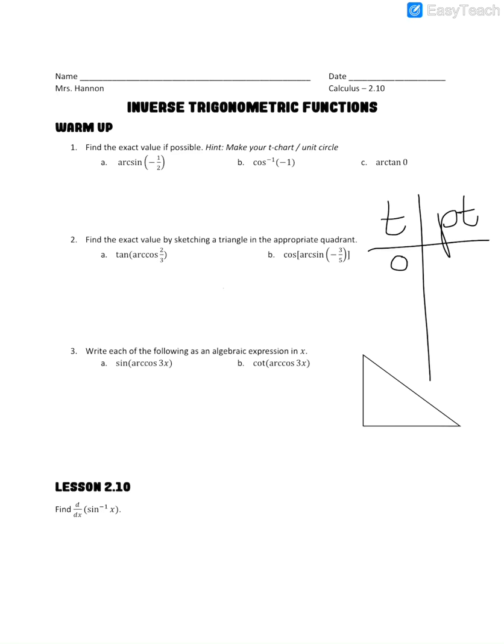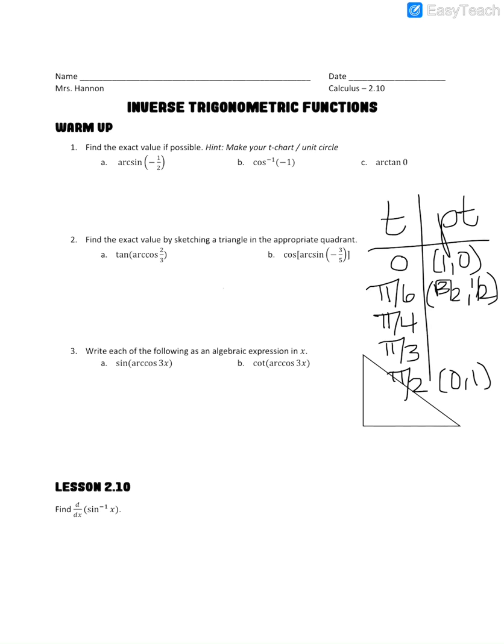Okay, so my chart is 0, pi over 6, pi over 4, pi over 3, pi over 2. And my points are 1, 0, 0, 1, radical 3 over 2, 1/2, radical 2 over 2, radical 2 over 2, and 1/2, radical 3 over 2.